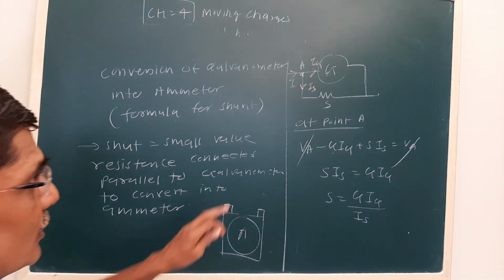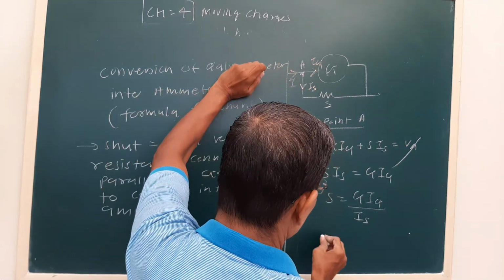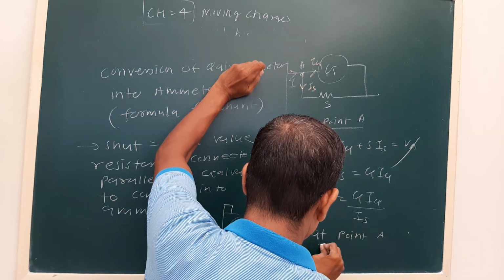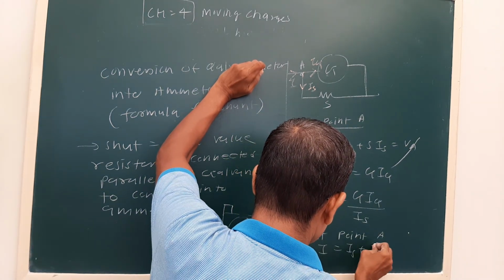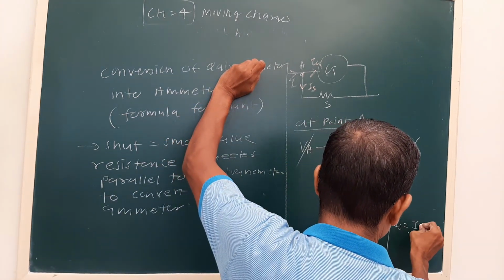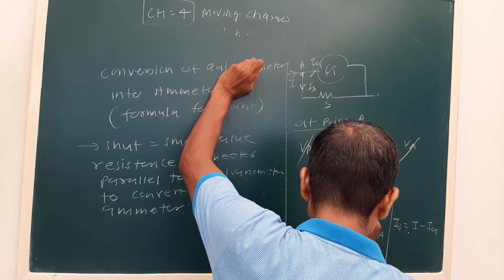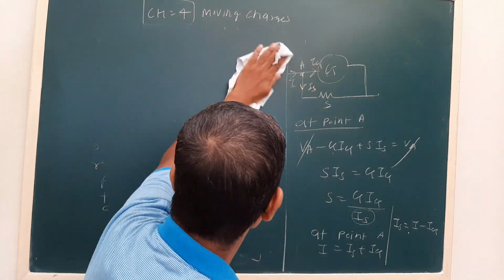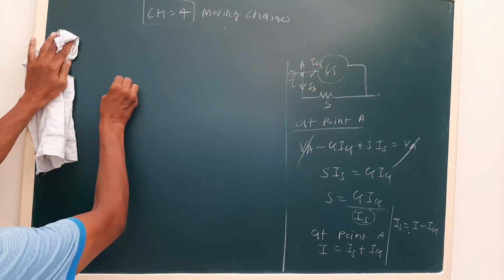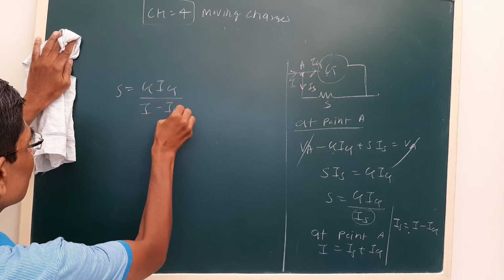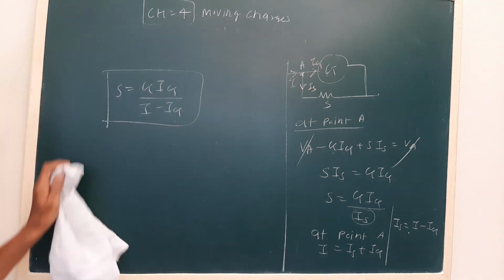Now A is the junction, there we use Kirchhoff's first law. So at point A, I is equal to Is plus Ig. So what is the Is value? I minus Ig, that I have to substitute here. So our equation will become S is equal to G Ig upon I minus Ig. This is the equation of the shunt.